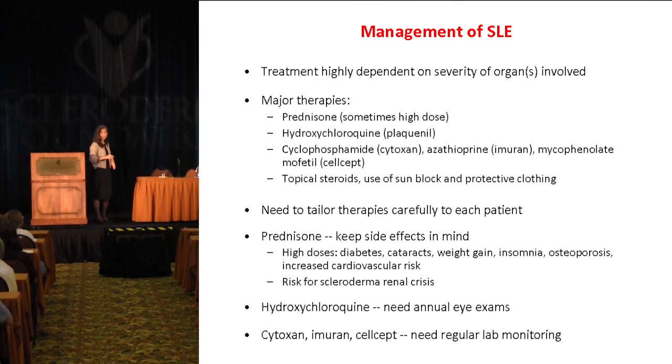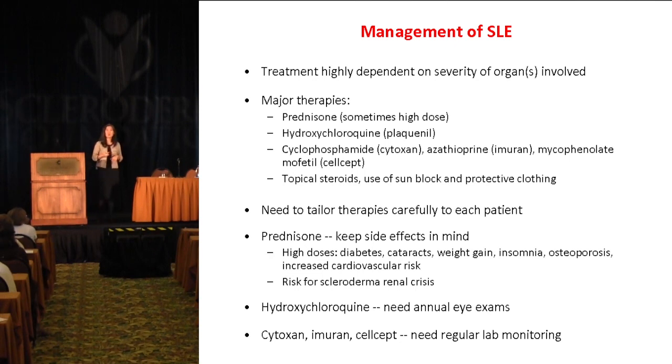We talked about prednisone a little bit before in the context of scleroderma renal crisis, so being aware of that. But I also just want to take a moment to mention, of course, everyone's aware that steroids, like prednisone, it's all about dose. With high doses, and by that I mean greater than like 15 milligrams a day, you start running into complications such as diabetes, cataracts, weight gain, insomnia, bone loss and osteoporosis, and increased cardiovascular risk.